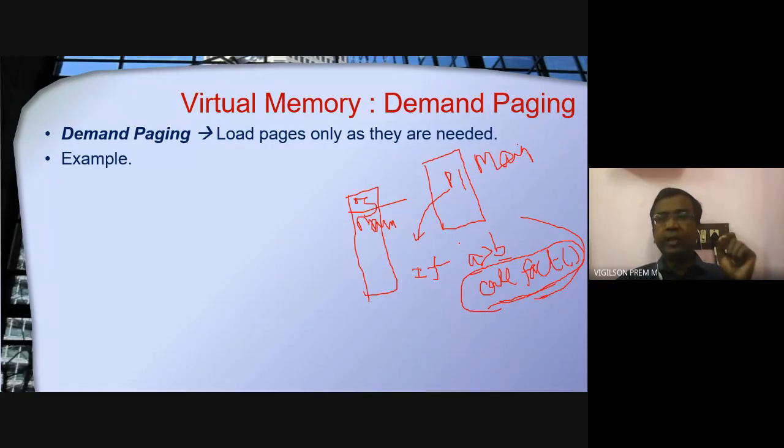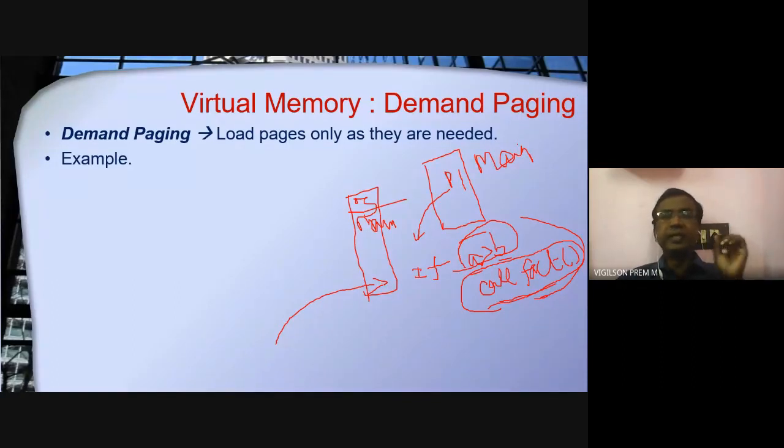Fourth line, this is A greater than B. When I am executing the fourth line, if the condition is true, at that time only I will load the subprogram from secondary to main memory. Suppose this condition is false, no need to have it in main memory. Able to understand?